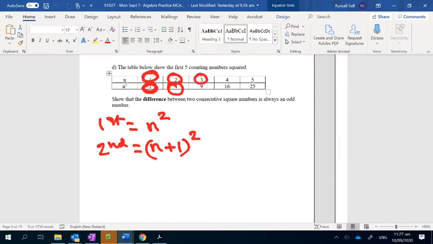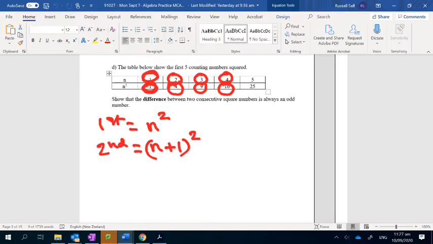Add 1 again gives you 3, and 3 squared is 9. Add 1 to 3, you get 4, and 4 squared is 16. So there's your pattern: the first one is always just the number squared, and the next is n plus 1, the whole quantity squared. They'll build up from there.